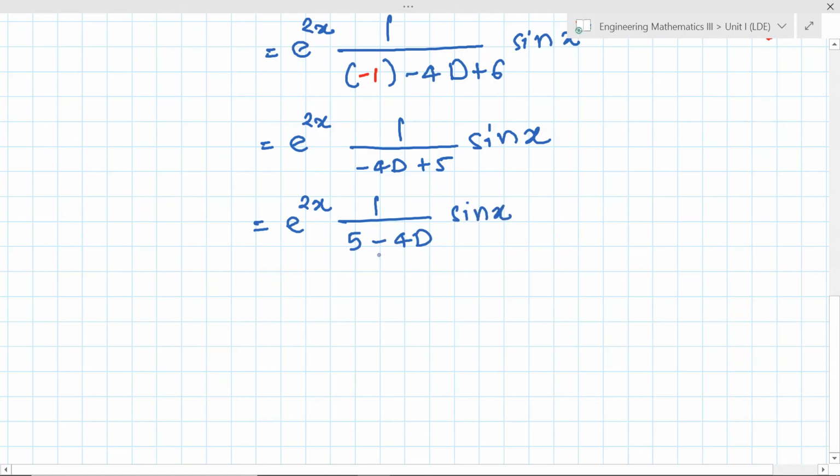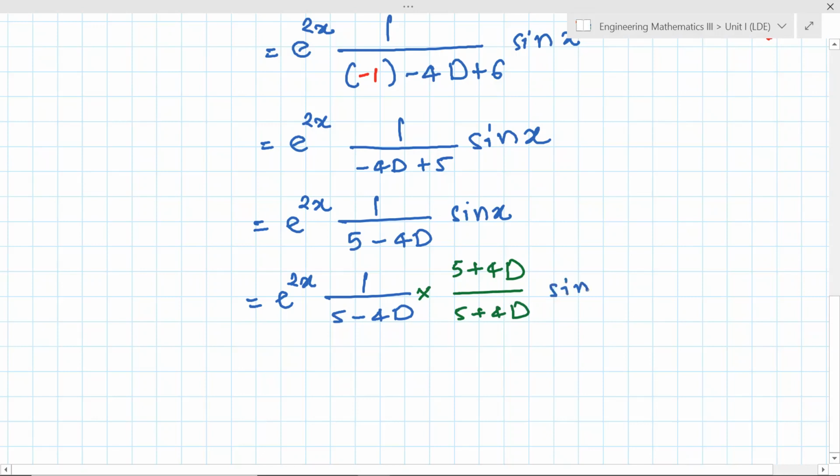And just rationalize this. We have seen how to solve this, how to get the D square in the denominator. So this is e raised to 2x, 1 upon 5 minus 4D, into 5 plus 4D divided by 5 plus 4D, into sine x.